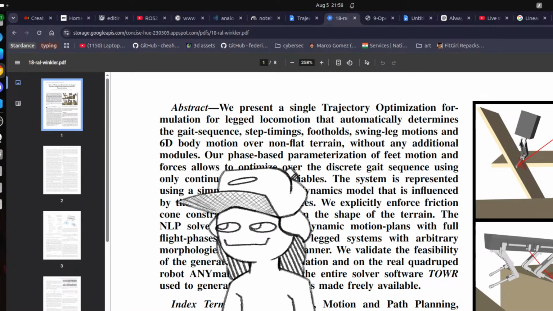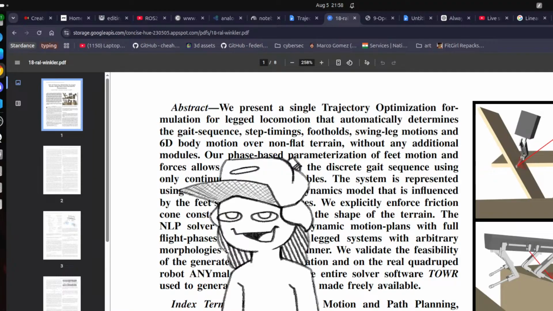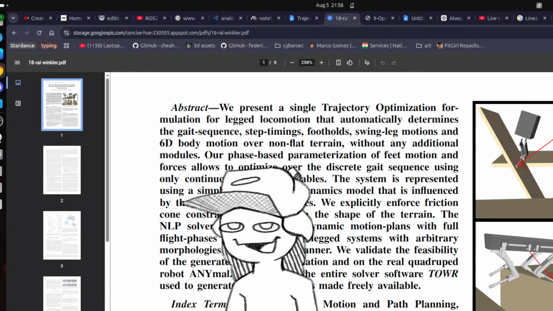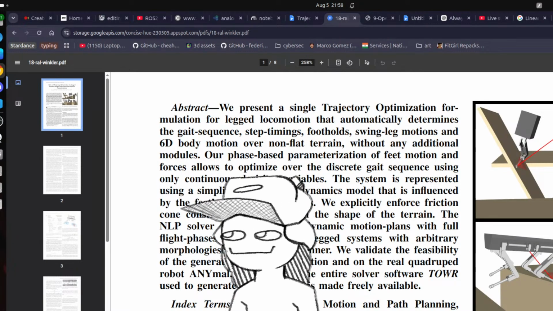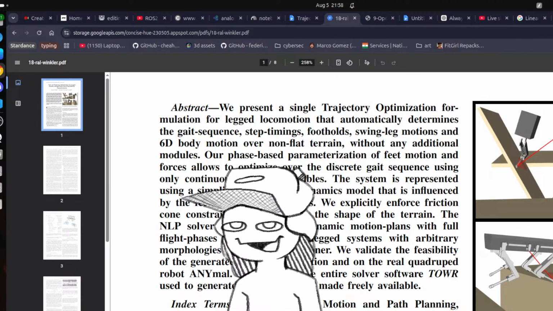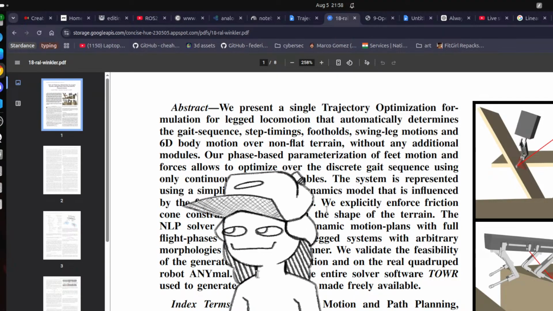So for optimization purposes, we only use the center of mass as the decision parameter, basically, decision variable.